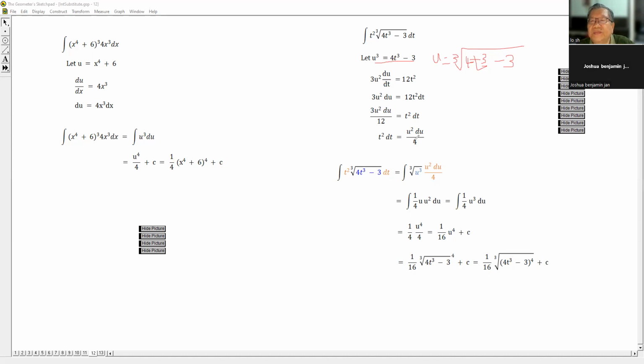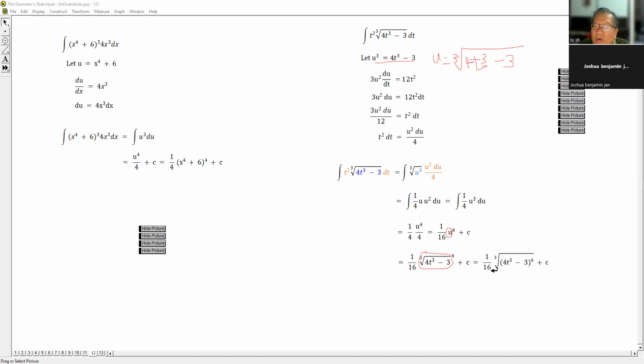Then I substitute back here. So this u is actually this cube root, the cube root of this thing. Then the 4, I didn't change the 4. I only replaced the u inside. Okay. Then the 4 outside looks very weird, so I put the 4 inside.